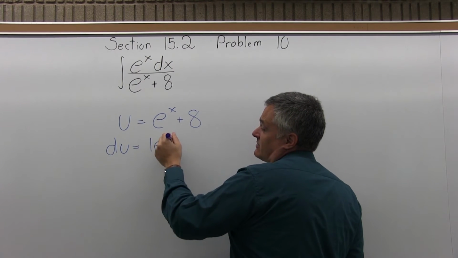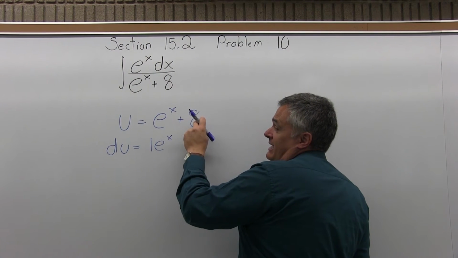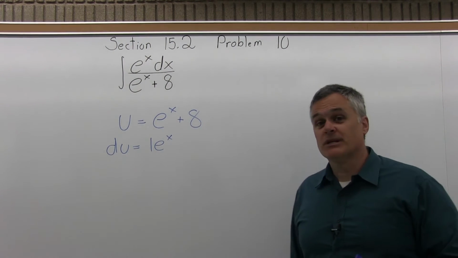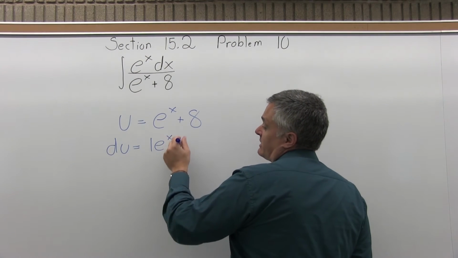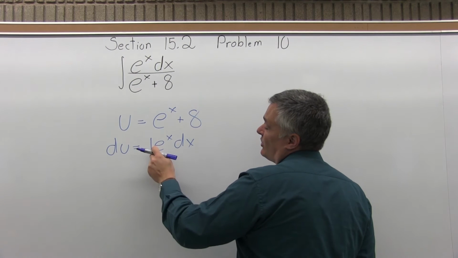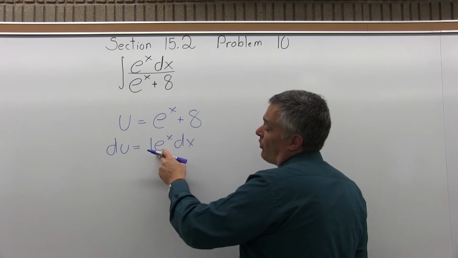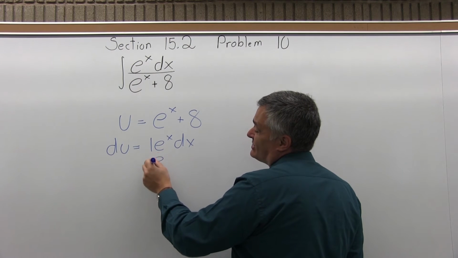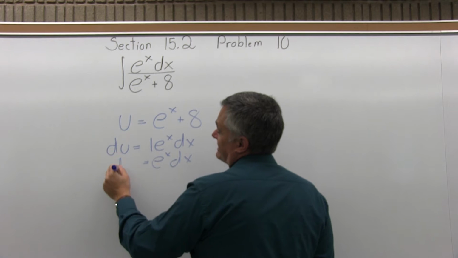And then e to the stuff, so e to the x stays the same. Now the 8 has a derivative of 0 because it has no x with it. And then you put dx for derivative with respect to x. And the 1 in front of the e, you really don't have to write it. So instead of 1 e to the x dx, I could just say that du is equal to e to the x dx.